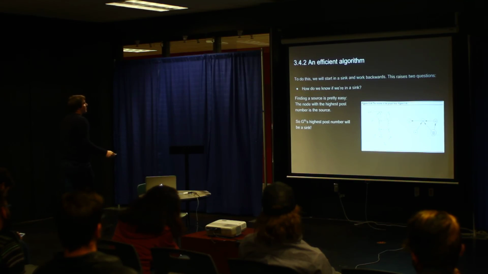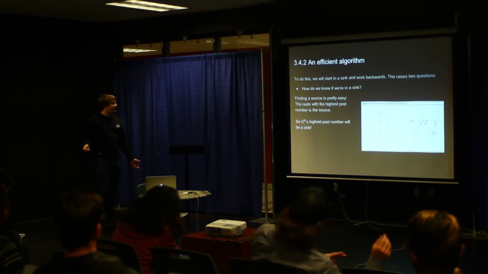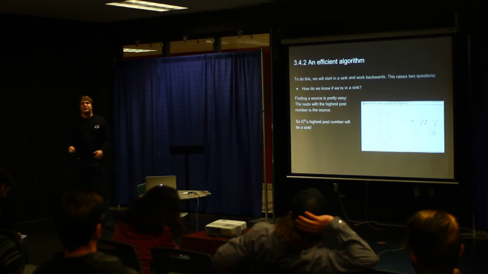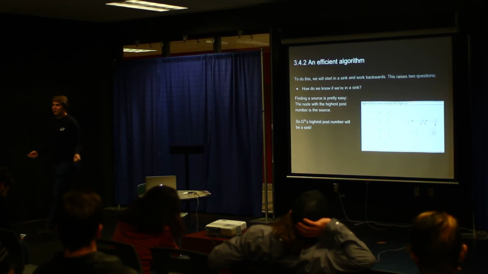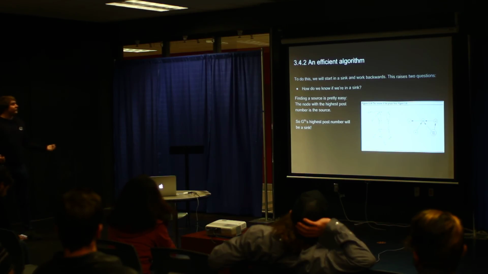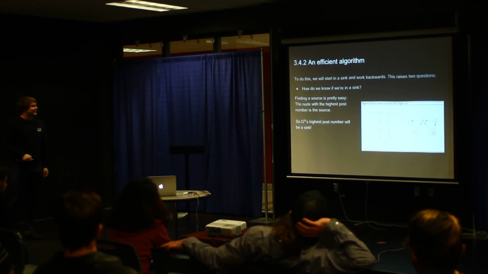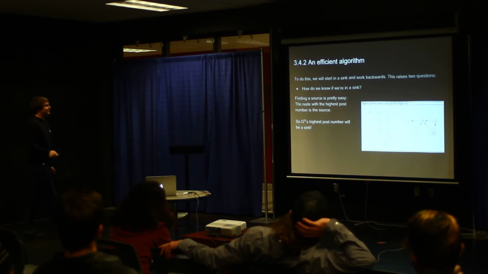If that's a nice way to find a source, how would we find a sink? Well, one naive way to do it, and ultimately a good way to do it, is if we reverse the graph and look at every single directed edge as going the other way.